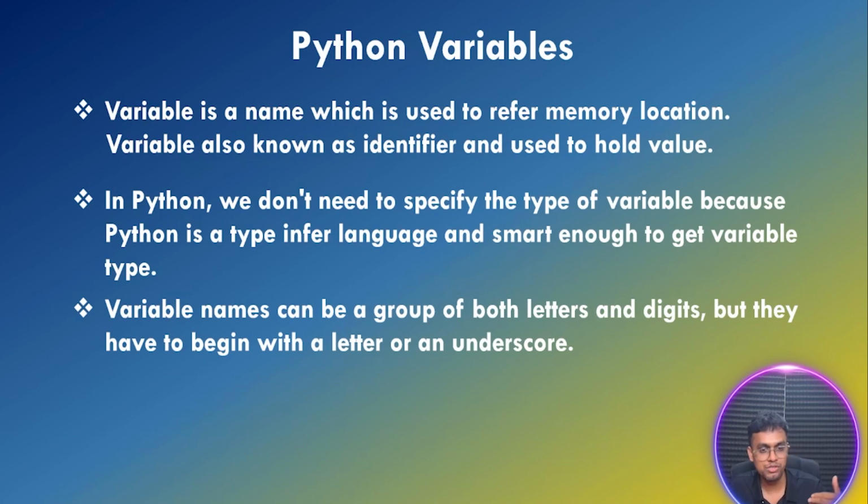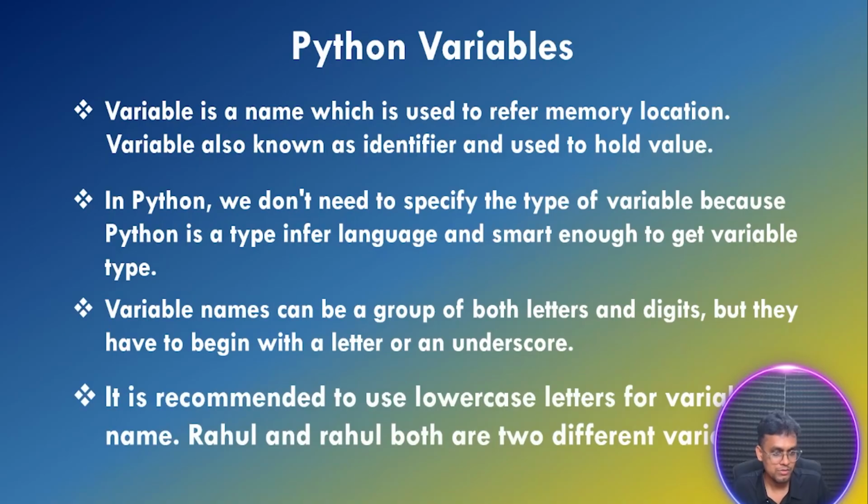You can use a letter or an underscore. It is recommended to use lowercase letters for variable names. For example, Rahul with an uppercase R and rahul with a lowercase r are two different variables. If you use lowercase and uppercase letters, they create different variables. This is very important for you.